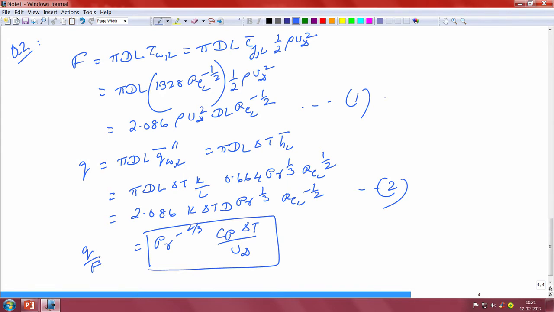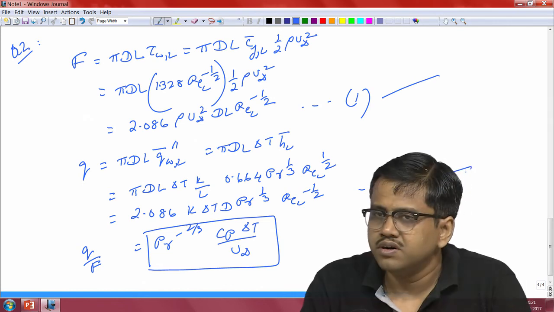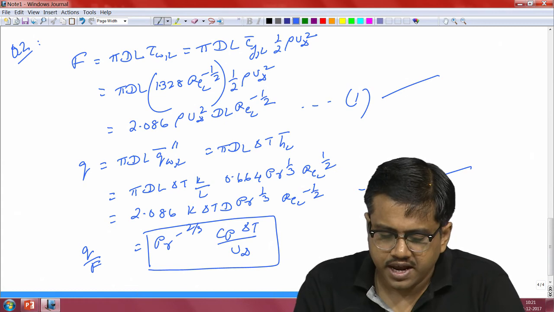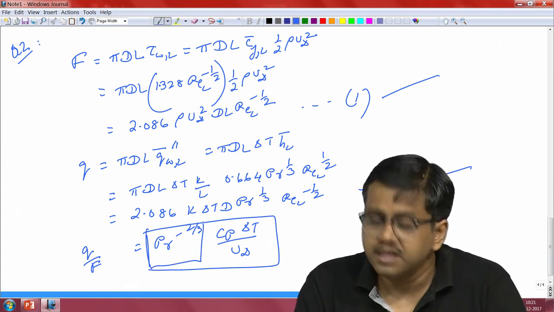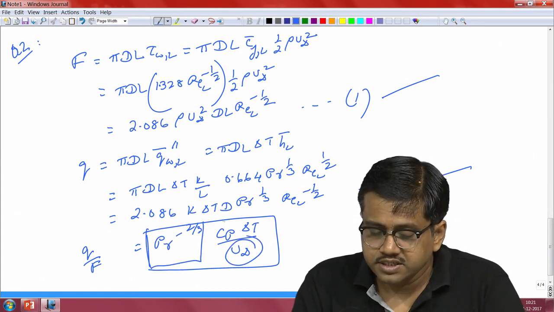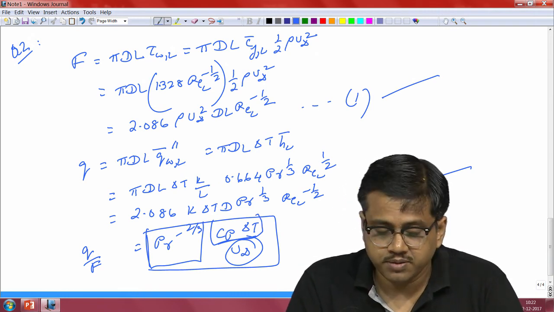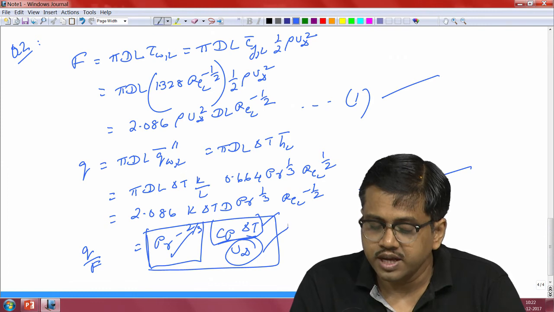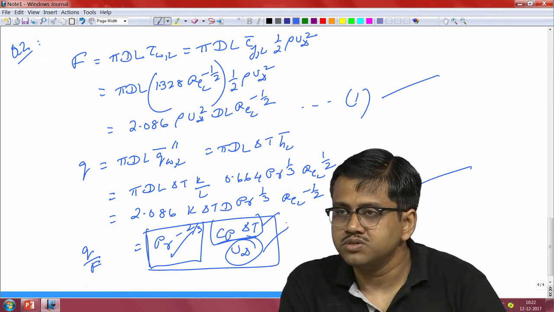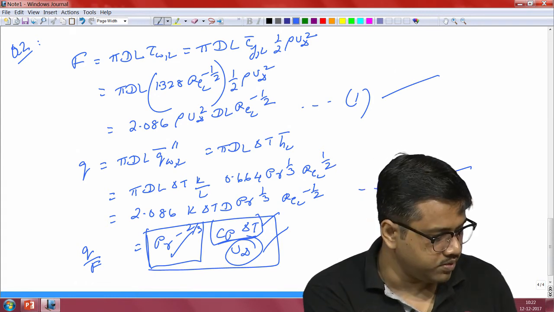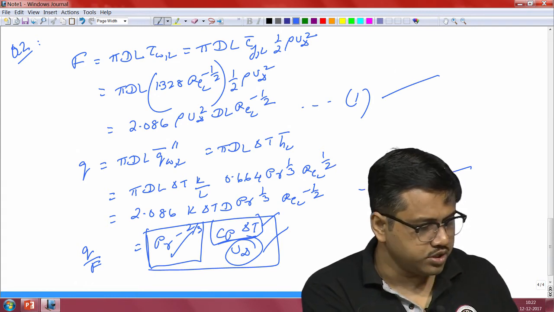We use the existing formulations that we did and just divided one by the other, and the ratio, as expected, has a Prandtl number dependence, a velocity dependence, and a temperature difference dependence. One is a property, and these two are imposed conditions. This is something you would have expected by now, that this is how this flow is going to behave.